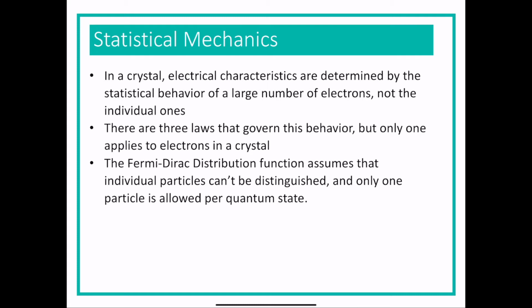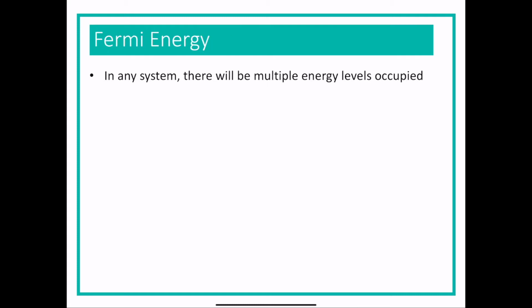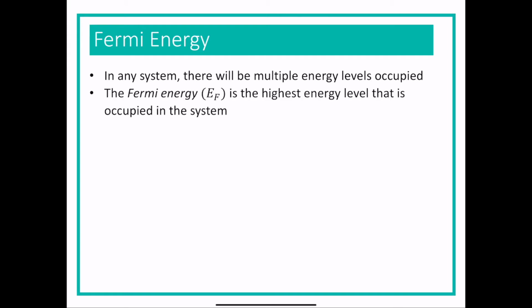So, anytime we have a system that has a lot of energy levels, we kind of have a name for the energy that is the highest in the system. So there's multiple energy levels that are occupied, but we call the Fermi energy, or the Fermi level, the highest energy level that's occupied.